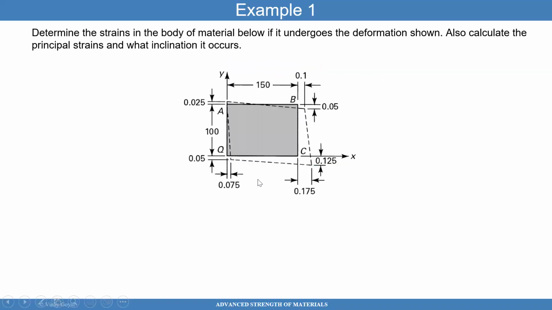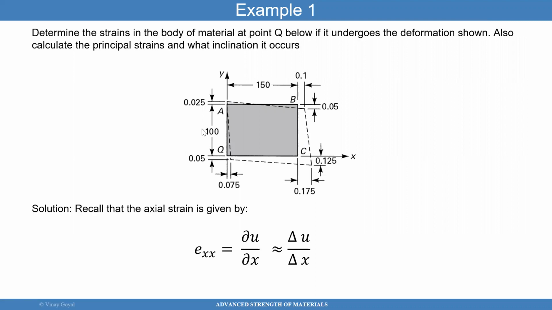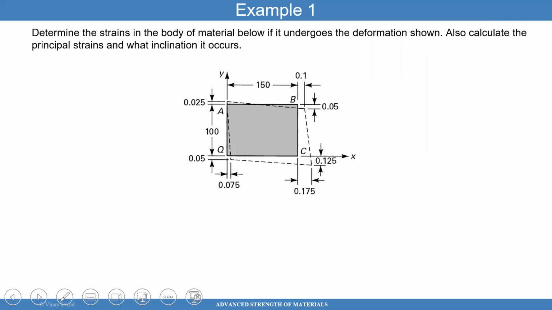So let's look at this example here, which is a classical example that can better make you understand what is going on with strains, like what is the concept of strains. In this particular example, we would like to determine the strains in the body of material, the one that you're showing below, at a particular point in the body, which undergoes the deformation that's shown below.